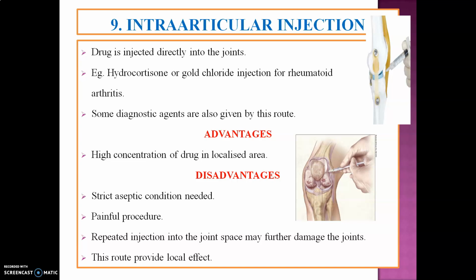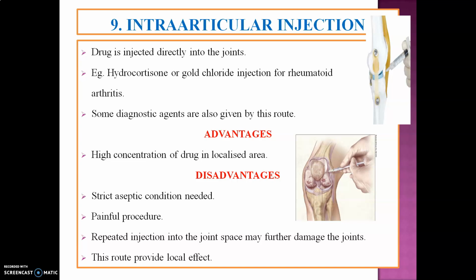Plus some diagnostic agents are also given by this route of administration. The pictures show that the injection is inserted in between your joint. Both diagrams indicate the same effect.